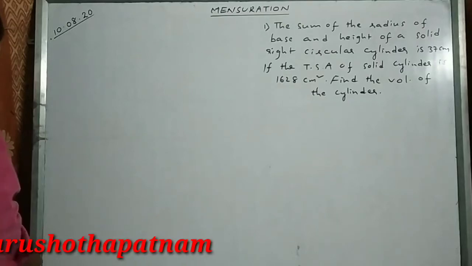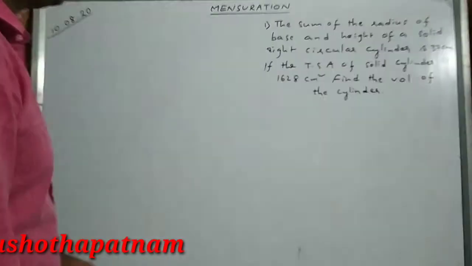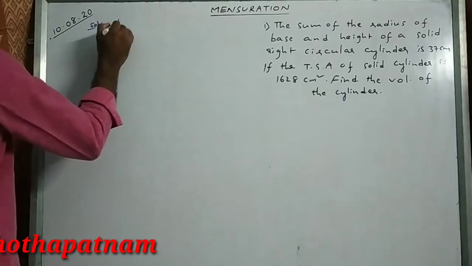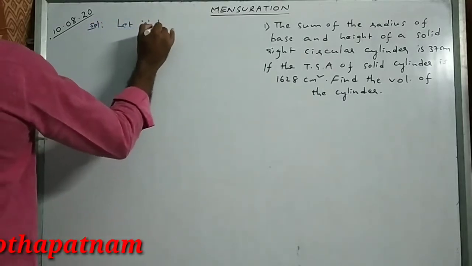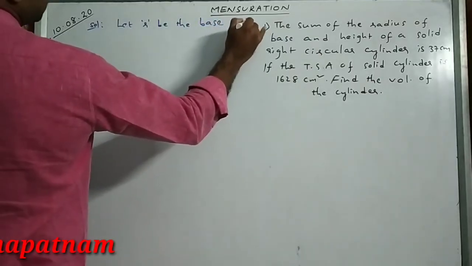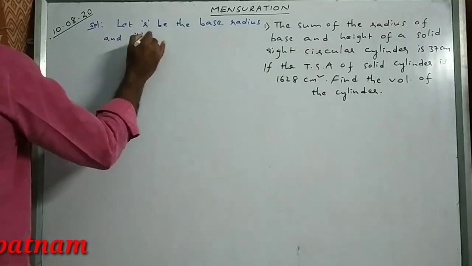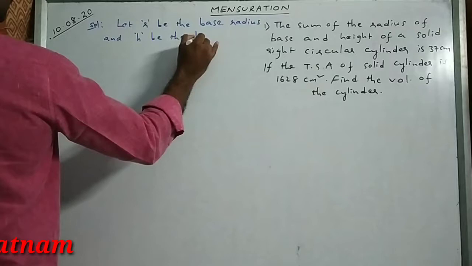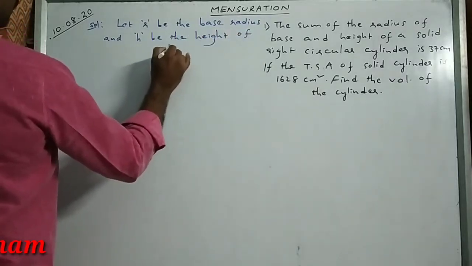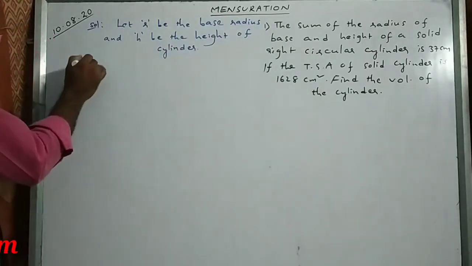Okay, that is the question. What is given actually? The sum of the radius of base and height. Let R be the base radius and H be the height of the cylinder.